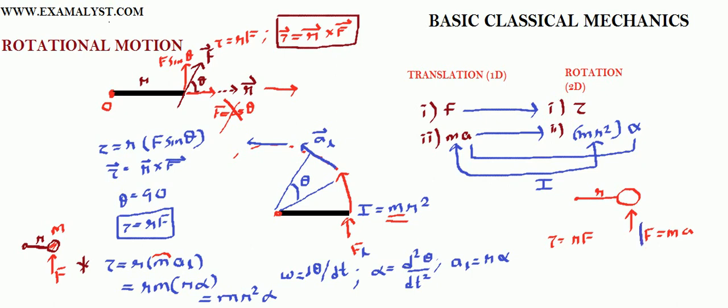Okay, try to understand. Force equals mass into acceleration is a one dimensional formula, where the entire force acts on the entire mass. Only then this formula is valid. You cannot write force equals mass into acceleration for the rod, because the force is not acting on the entire mass. The force is acting somewhere on this part, and as a result all the parts move. But that doesn't mean you can write F = m a.